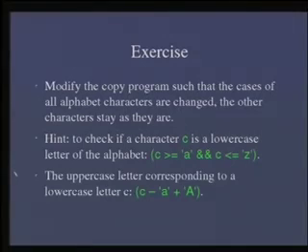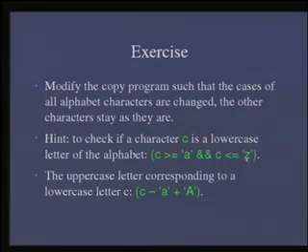That is, the ASCII code for b is one more than a, then the ASCII code of the character c is one more than the ASCII code of character b, and so on and so forth. So given this property of the ASCII codes, it is enough to check that if c is greater than or equal to the character a and it is less than or equal to the character z, then it must be some lowercase letter.